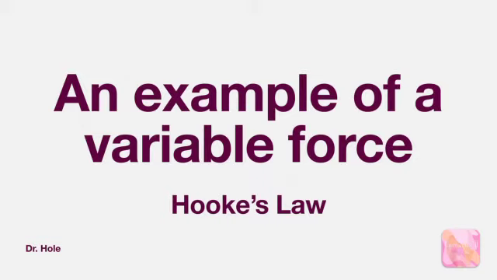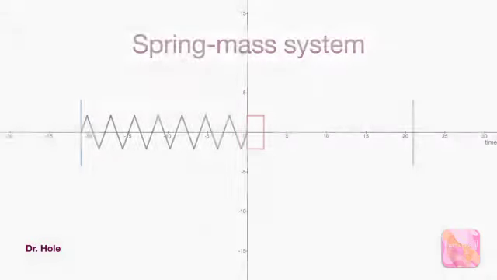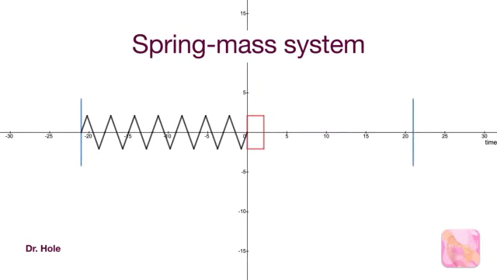So we've done the constant force. Let's look at an example of variable force. And this is going to introduce the notion of Hooke's law. The red box is representing a mass. The black line is a spring. On the right end of the spring, the mass is attached.